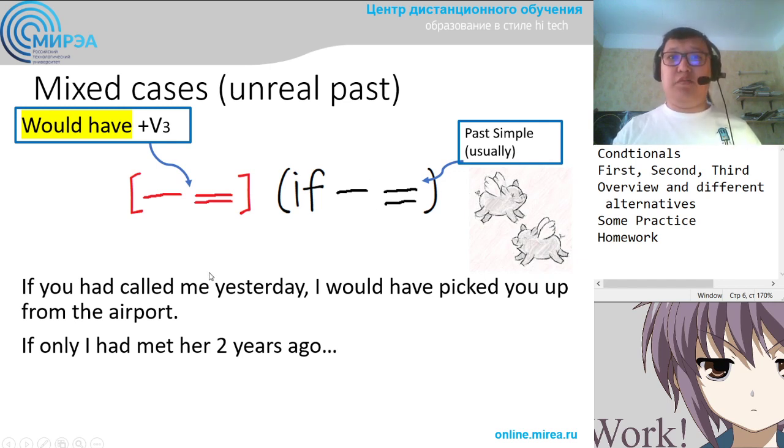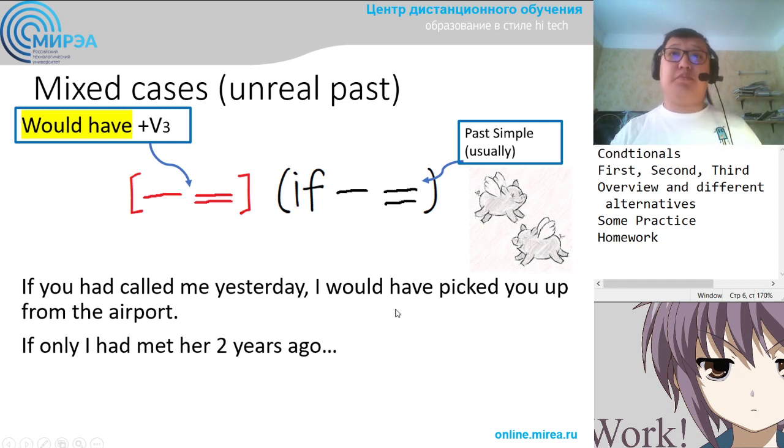So if you had called me, oh sorry, I didn't write any examples here, but you can imagine, like, if you had called me yesterday, I would know that you are in town now. Or if only I had met this girl 2 years ago, I would be married to her today. So this is a mixed case. You kind of mix second and third conditional sentences together.